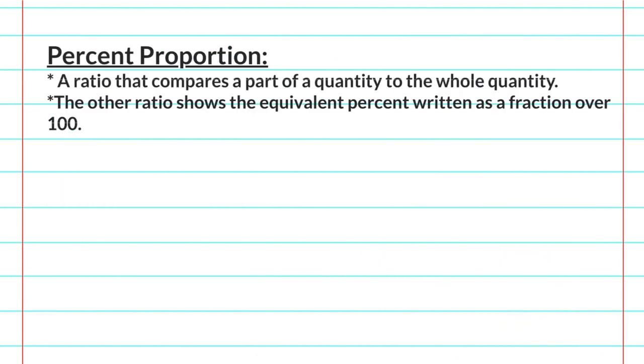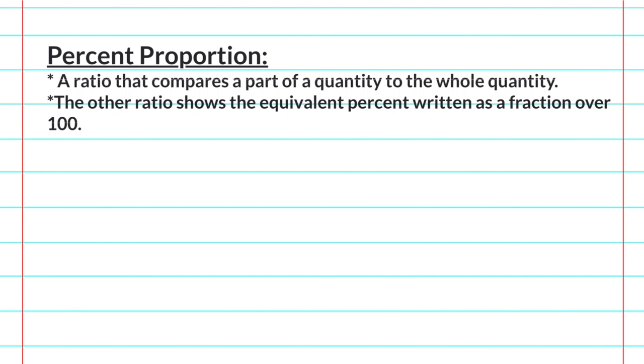Percent proportion. A percent proportion is a ratio that compares part of a quantity to the whole quantity, and the other part of the ratio shows the equivalent percent written as a fraction over 100. A couple different ways you might see this.